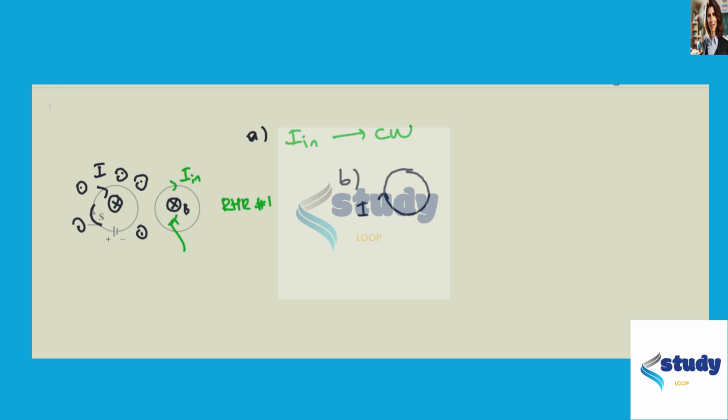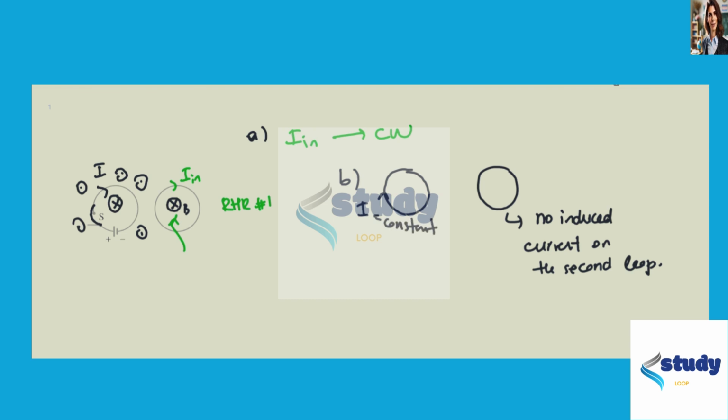Flux is not going to change for the second loop with respect to time. And if flux is not changing for the second loop, then there is no induced current on the second loop, because there is no change in flux. After a long time, your current is just constant on the first loop.